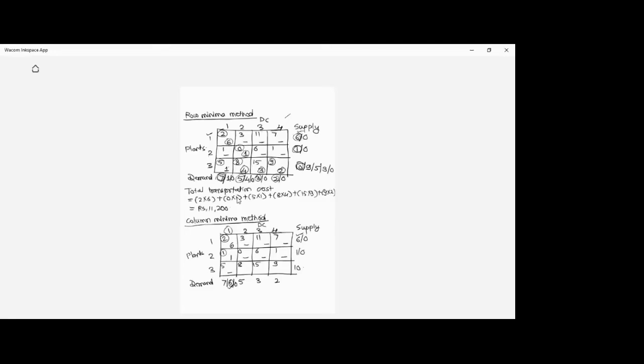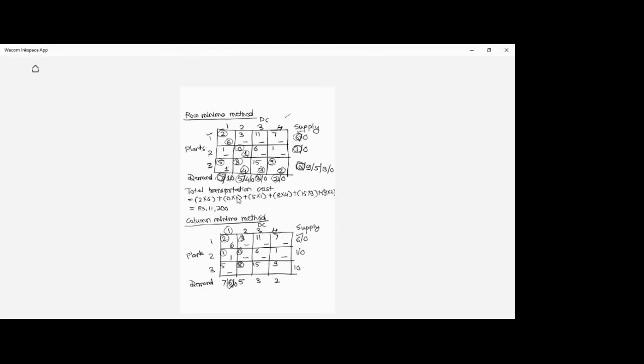Right, in column 2 we have only one cell that is pending, which is this particular cell, which has a unit cost of 8. Other cells like the unit cost 3 and 0 cells are previously exhausted, so I cannot consider any allocation there. So I'll do the allocation with the cell which has a unit cost of transportation of 8.